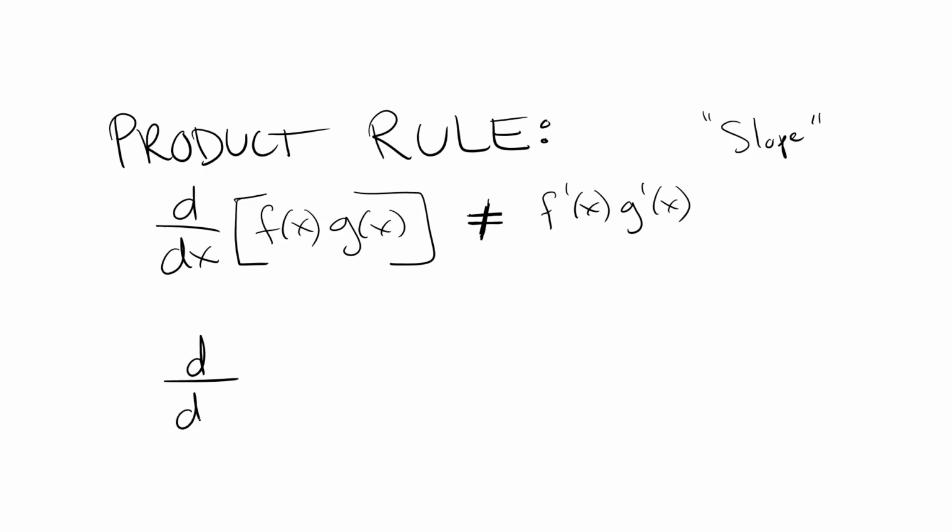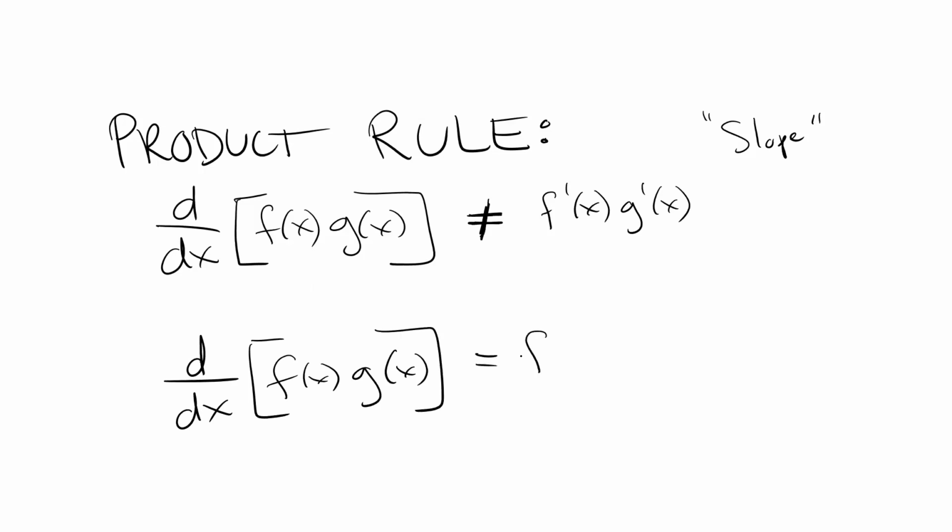The correct product rule is, it's the way the book has it. So let me write it the way the book does it. It's the first function by itself.